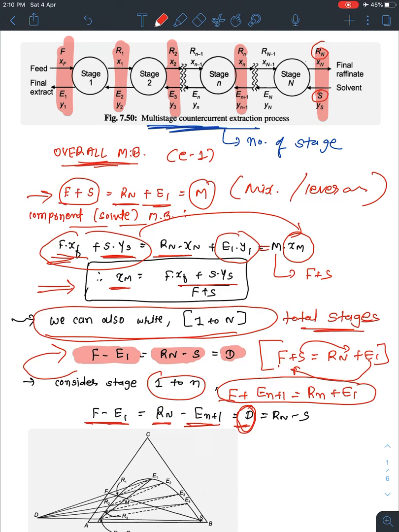And here we can also say that first, that is F minus E1, but if we follow this stage wise, we see R1 minus E2, R2 minus E3, which is indicated with the n stage as Rn minus En plus 1.